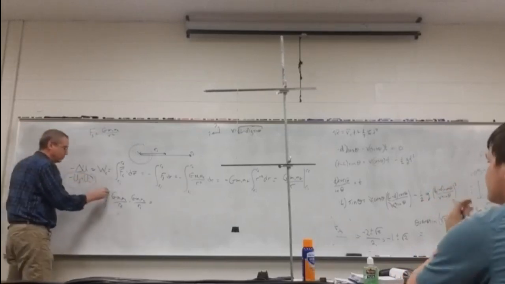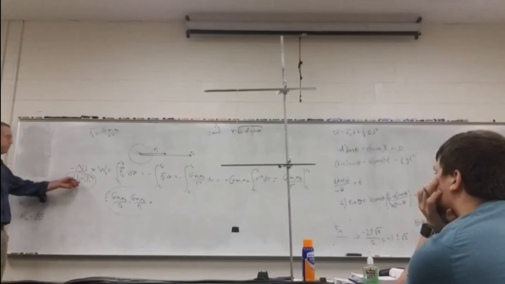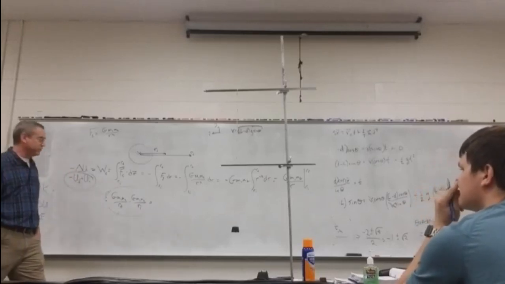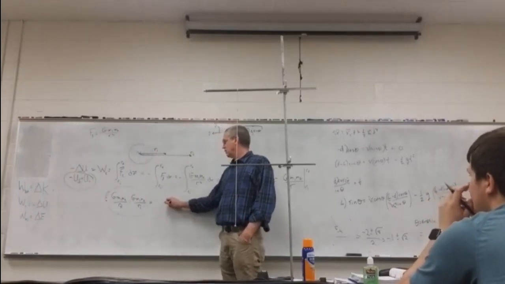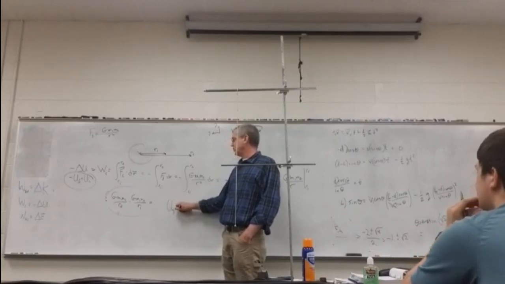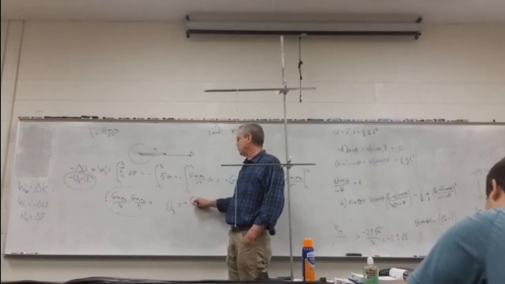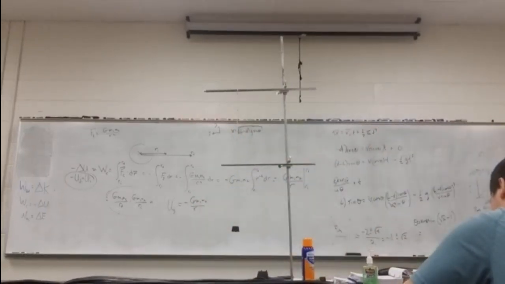Comparing this to that, we can come up with the formula for gravitational potential energy when the acceleration is not constant. The generalized gravitational potential energy formula becomes negative G mass 1 mass 2 over r. It is a scalar. The negative sign is not an indication of direction.